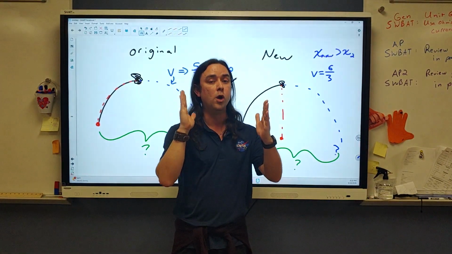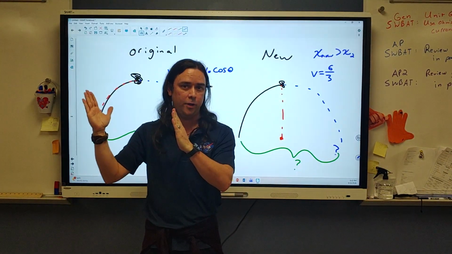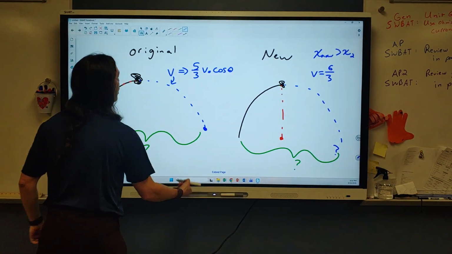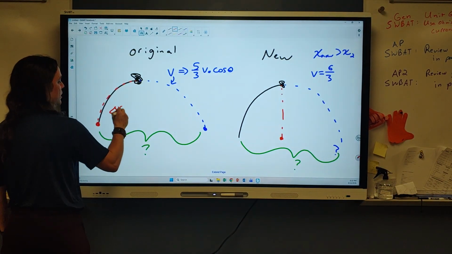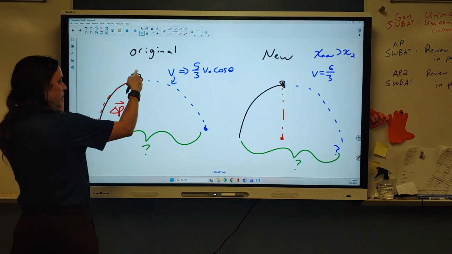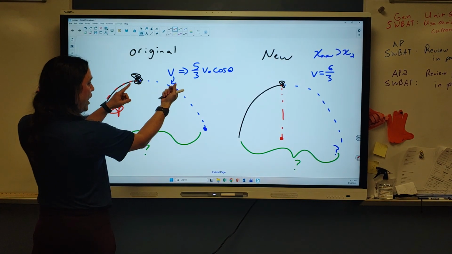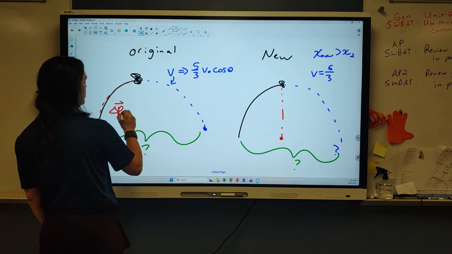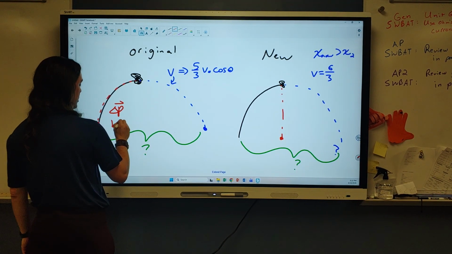It's much harder to stop something and then throw it back the other way than it is to simply stop it. In this case, we end up with a much greater delta P for my red object, because not only was it moving to the right, but we stopped it and then moved it back to the left instead. So this one is a big delta P.